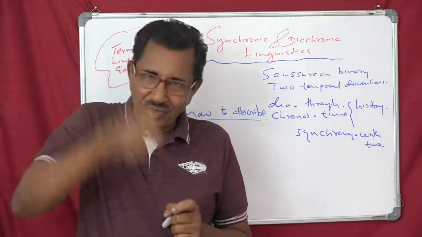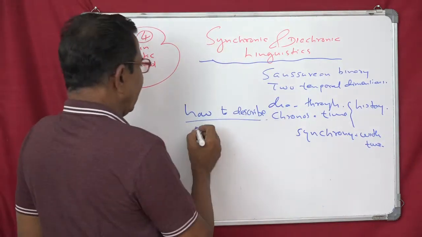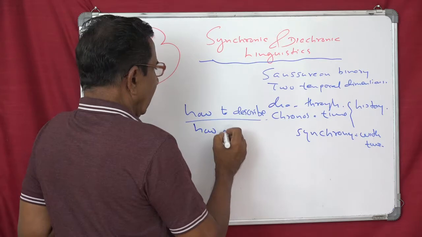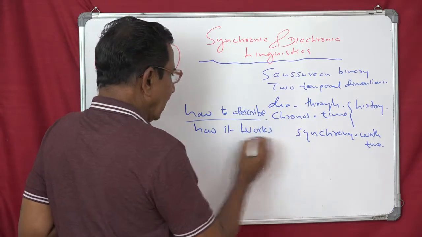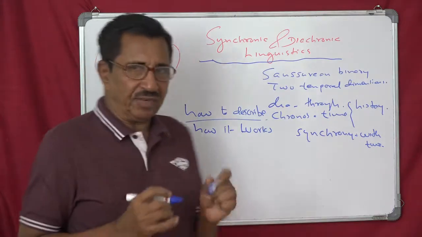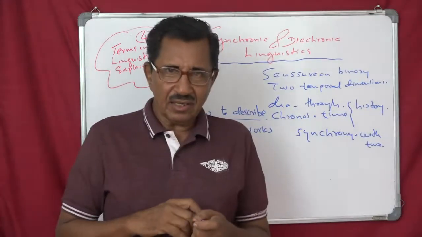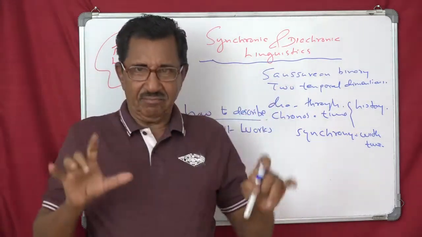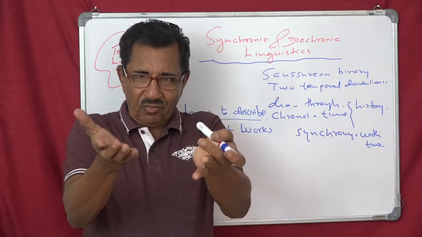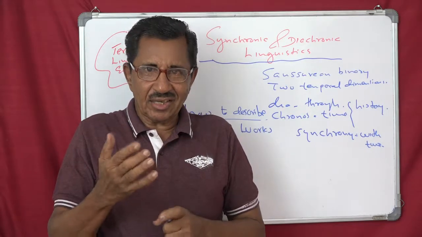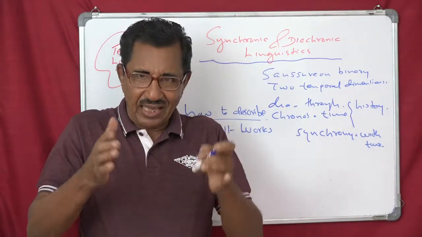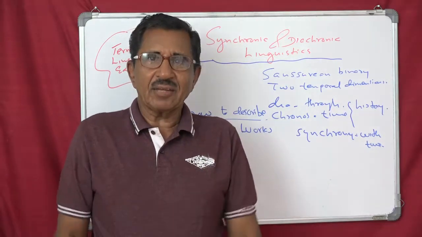How the language works, if you are at a particular period of time, that means you are freezing that time, and then you see how it works. What are the characteristics of the language at that particular period, that you study synchronically.